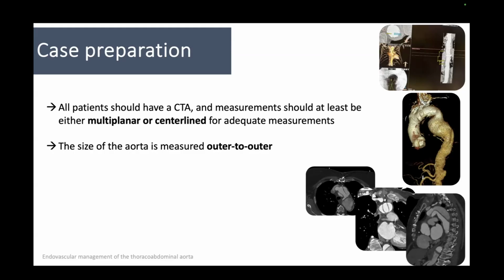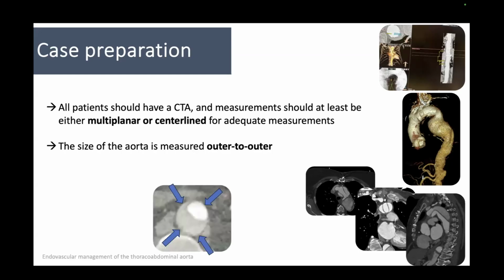That's what Cook or other companies are going to do when you give them the images. They're going to centerline them and use it to measure the diameters of the aorta and every axial artery. The size of the aorta is usually measured outer to outer. What I mean by that is that you have to go a bit further into the wall of the aorta to measure the complete diameter. That's how we do it for the rest of the aorta.